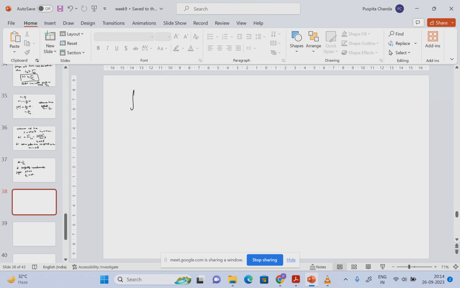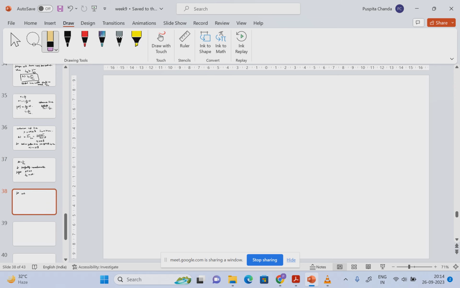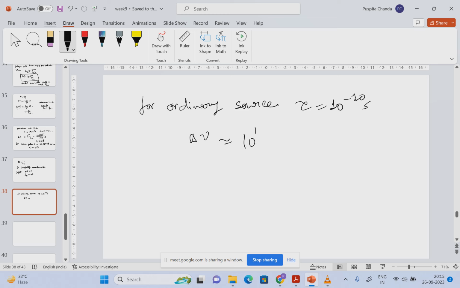But for an ordinary source, tau C is equal to 10 to the power minus 10 second. So delta nu will be 10 to the power 10 hertz.